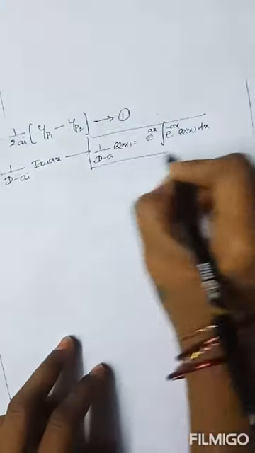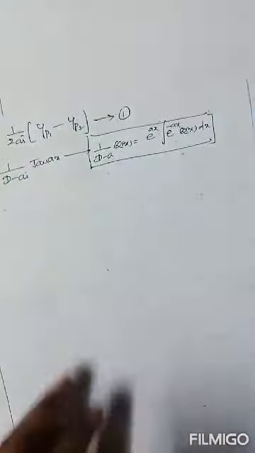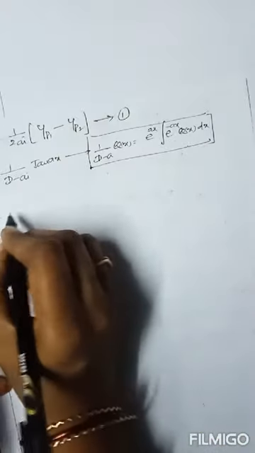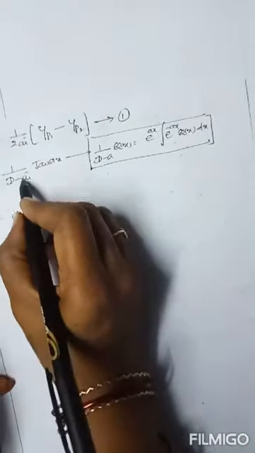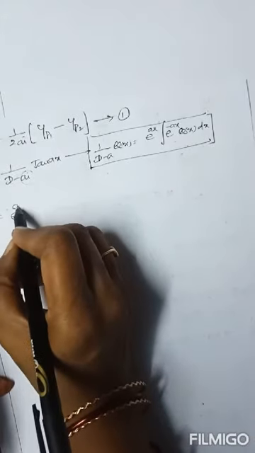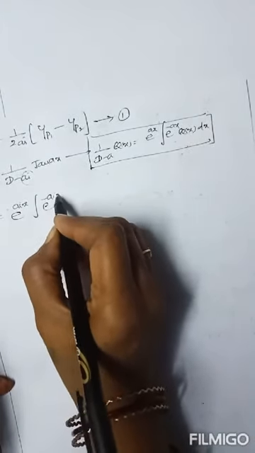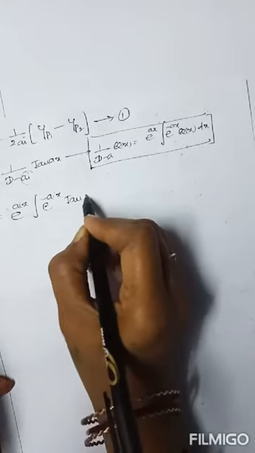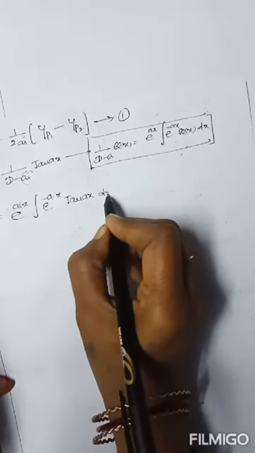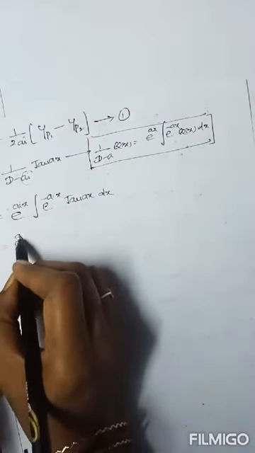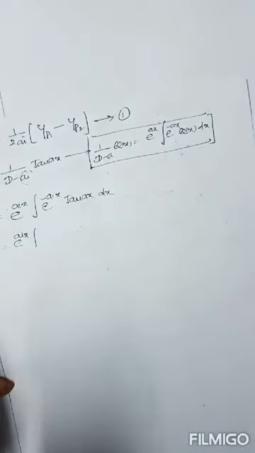This is the formula for 1 by D minus a. Here also e power ax, this is e power aix, integration of e power minus aix Q of x into dx.